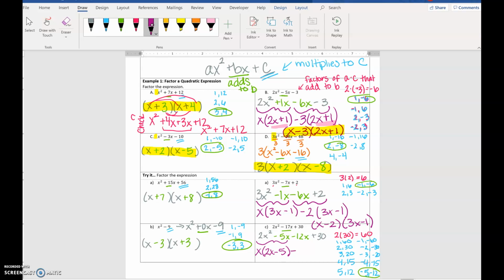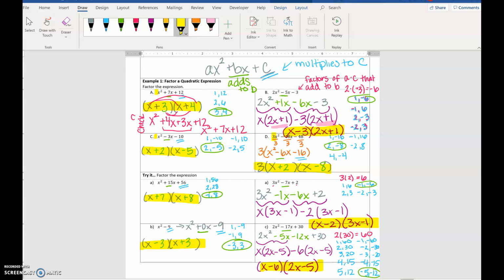And then here we would have a negative 6, and that would be 2x minus 5. Again, inside the parentheses is the same. Now we just rewrite it, x minus 6 times 2x minus 5. And so there is our answers for those 4.